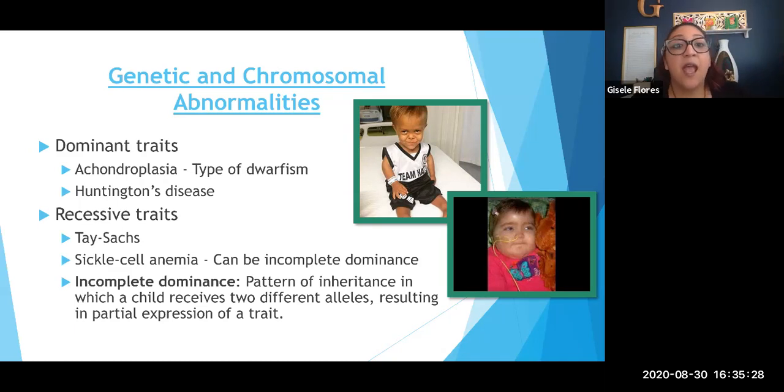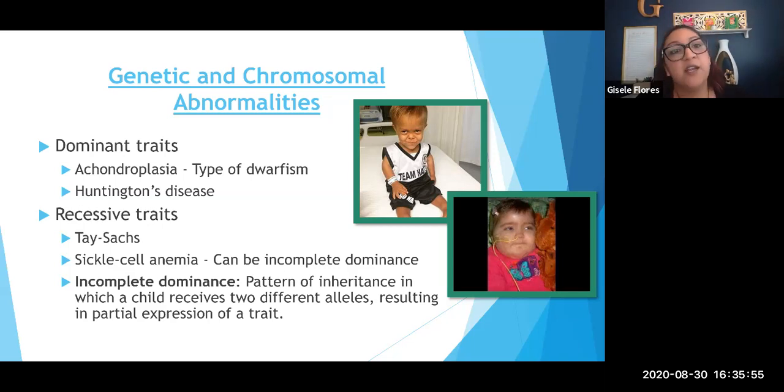Okay. Let's look at some genetic and chromosomal abnormalities that can occur as well. So again, examples of dominant traits are achondroplasia and Huntington's disease. In order for a child to be diagnosed with one of these, it would mean that they had one dominant allele from one of their parents.